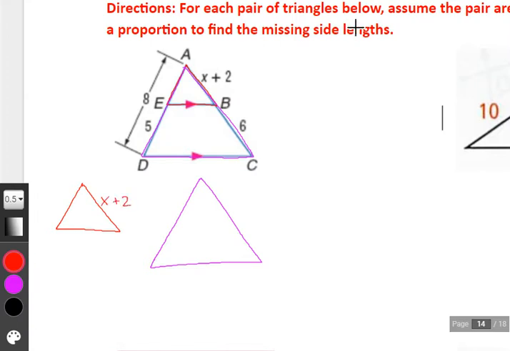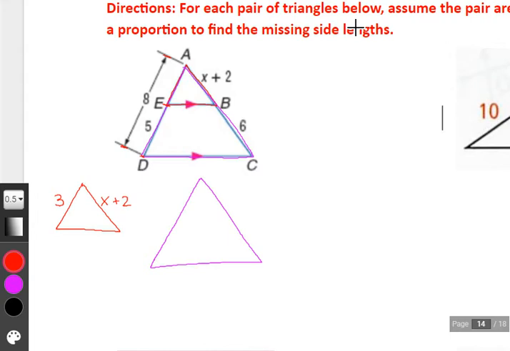I don't have 8, and it's not 5 either, because 5 goes from the bottom to right here where the E is, and then 8 goes from the bottom to the very top. Well, if the entire length is 8 and the bottom portion is 5, that leaves this portion to be 3. That's a tricky part of these problems: that 3 was never on the diagram, but it's implied that you have to determine the length, in this case by subtracting.